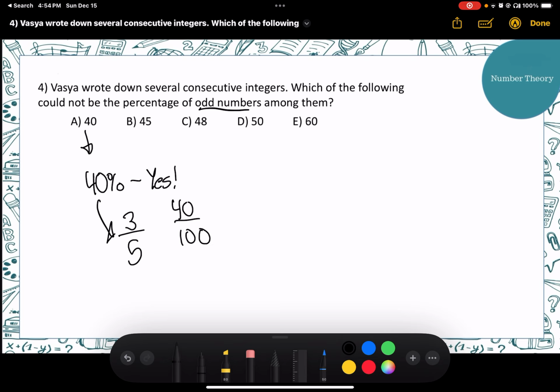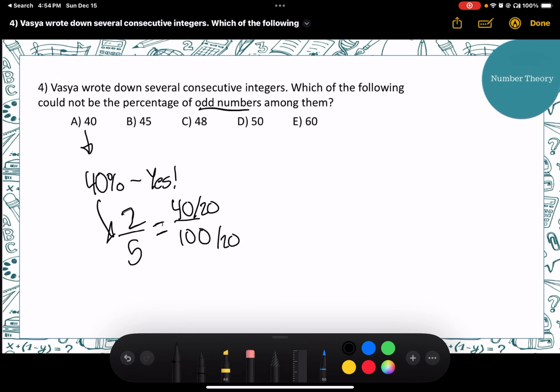Oh, sorry, my bad. It is not 3 over 5. It is 2 over 5, because you can divide both sides by 20, so that you get 2 and then 5.